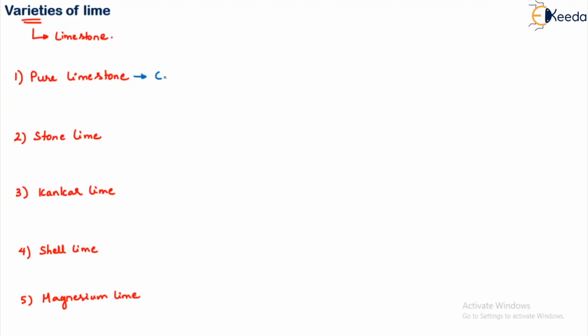Pure lime is also called calcite. This generally contains the magnesium, Mg. If you want to know the exact name, the magnesite. And this type of limestone is also called dolomitic limestone.